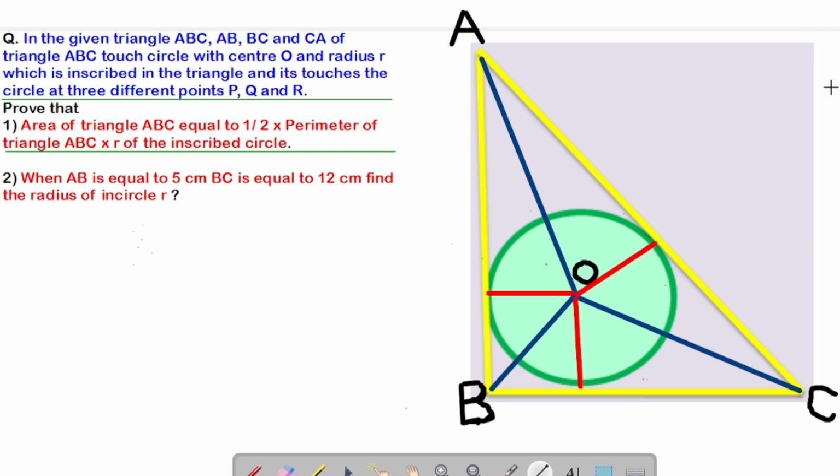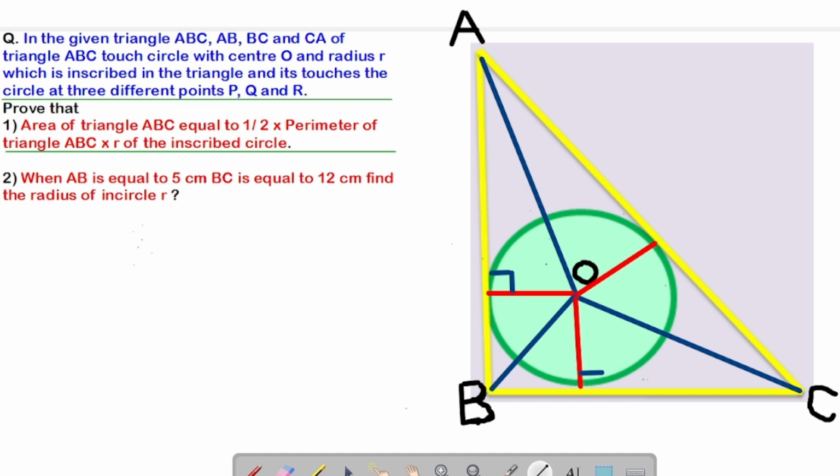Now after doing the construction, that is after connecting the vertices of the triangle to the center of the circle and drawing the perpendicular from the center to the three respective sides, we can see all these three radii are marked in red, right?